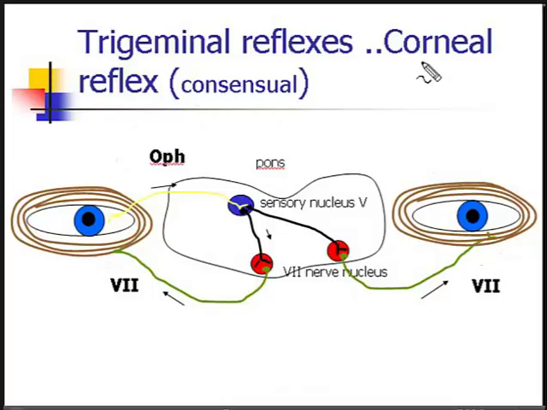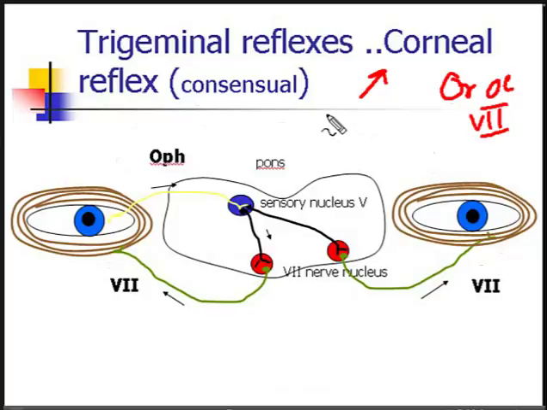So this is a corneal reflex, and what happens is that the cornea is stimulated. There's a little irritation to the cornea, and what do you do when something touches your cornea? You blink. Now, blinking is done by the orbicularis oculi muscle. That muscle is supplied by the seventh cranial nerve. So in other words, you have two limbs of the arc.